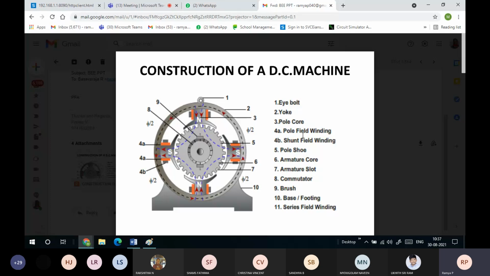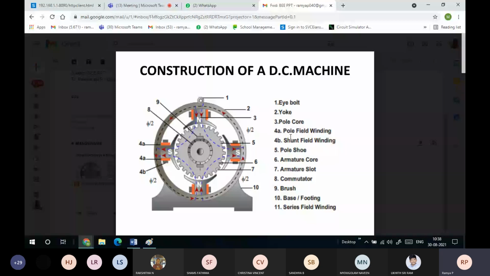And the pole field winding is nothing but the winding on this particular pole; I'm going to have the field windings there. Field windings are nothing but current carrying windings. And what is the main function of the current carrying windings or field winding?